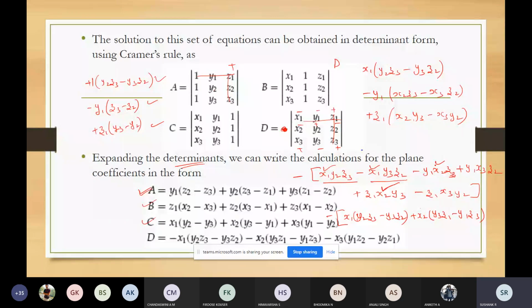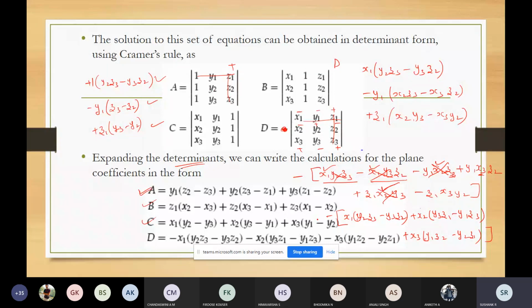So the x1 part is done, this part is done, this part is done. From here you take plus x3 as common, plus x3 means y1 z2 minus y2 z1. So this is the equation after simplification.